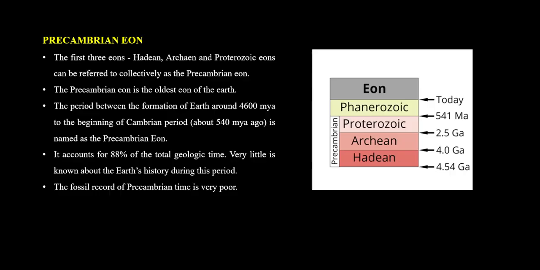Let's start with the Precambrian eon. I already told you that the Hadean, Archean, and Proterozoic eons are collectively known as Precambrian. The first three eons are collectively referred to as Precambrian, and these are the oldest eons of the Earth.